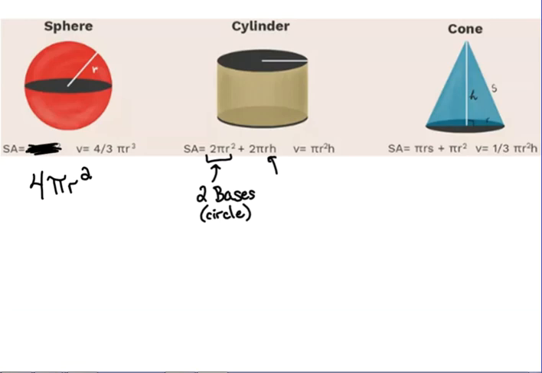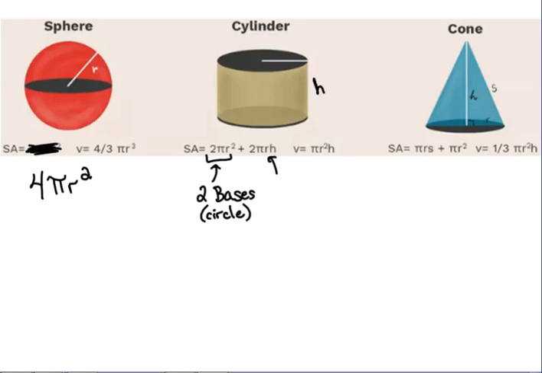If we unrolled that cylinder, what shape would that be? A rectangle. So the height of that rectangle is the height of the cylinder. That part's not hard. But if you think about unrolling that rectangle, anybody know what the length of that side corresponds to?